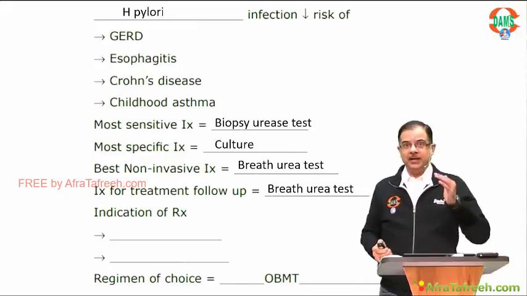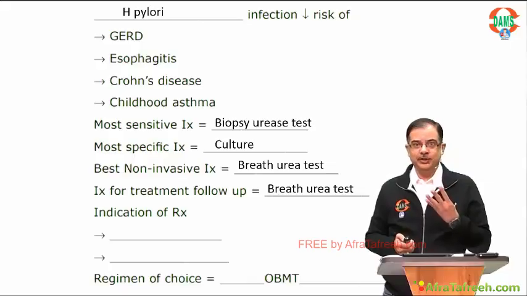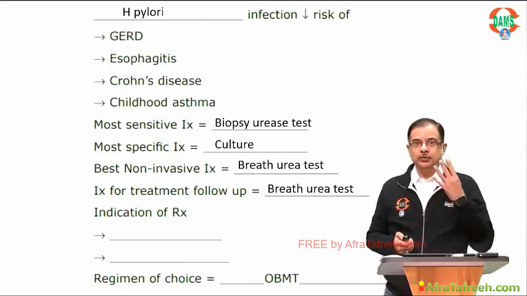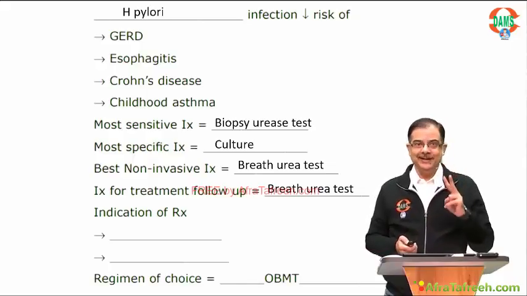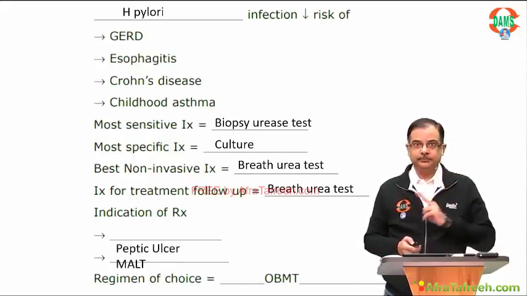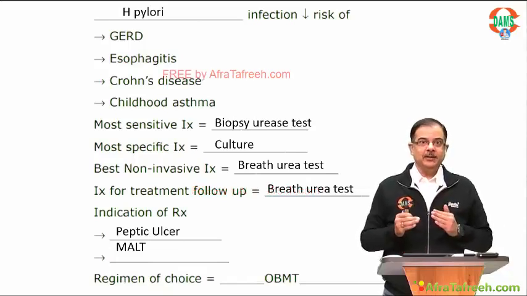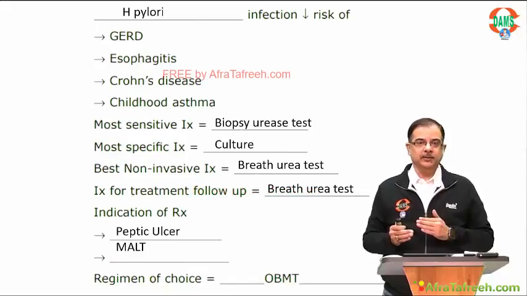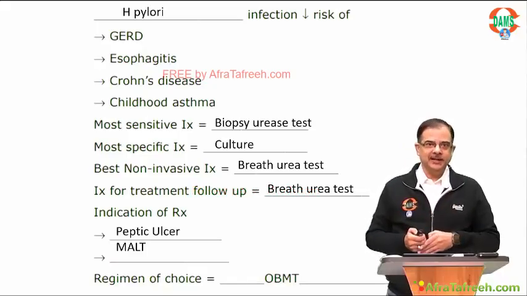In the management, we give a 4-drug combination. There are only 2 main indications for treating H. pylori. First, peptic ulcer should be present, and second, lymphoma, MALT lymphoma, mucosa-associated lymphoid tissue lymphoma.